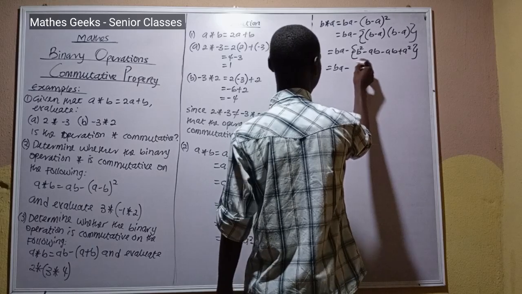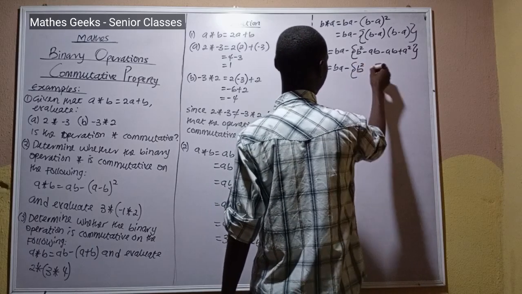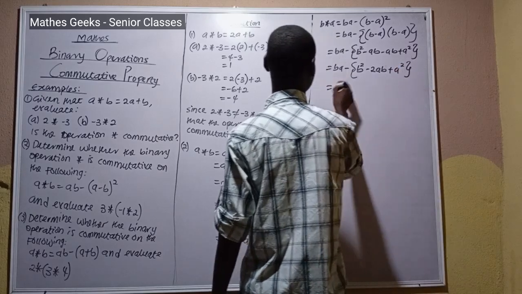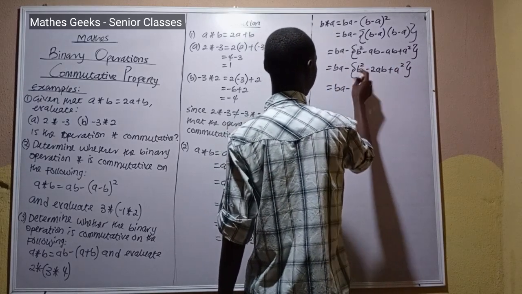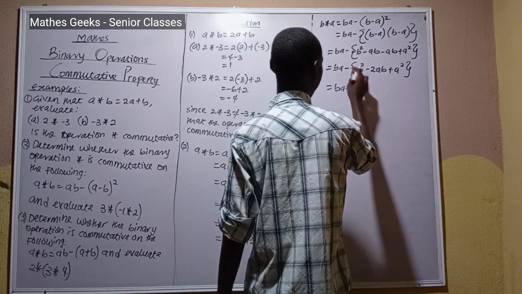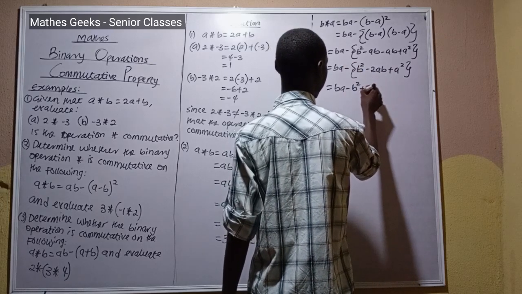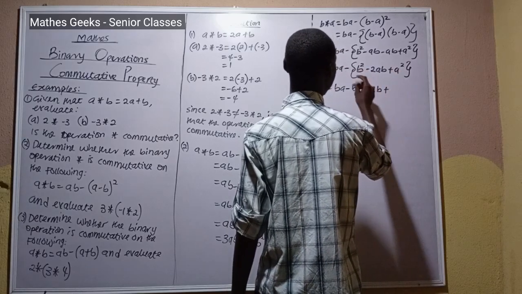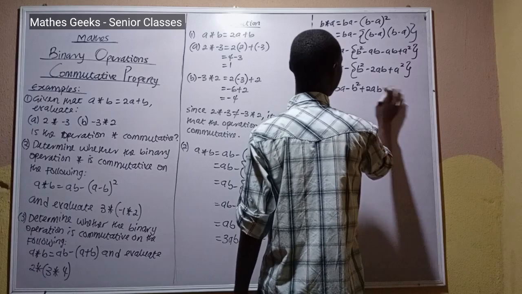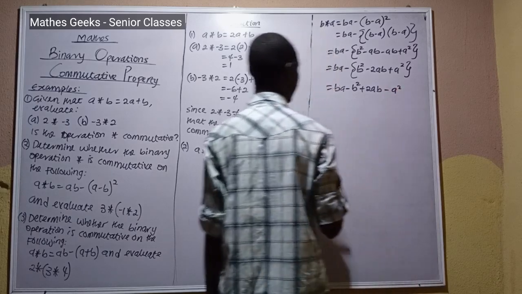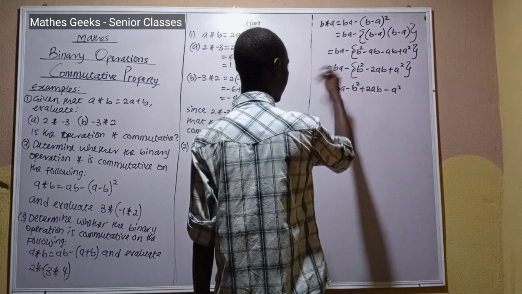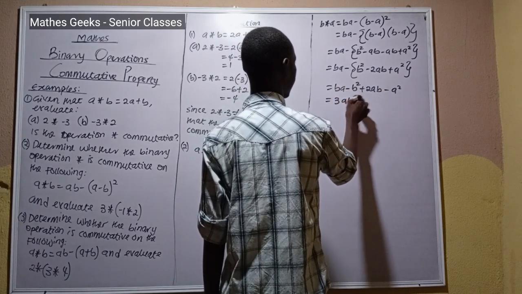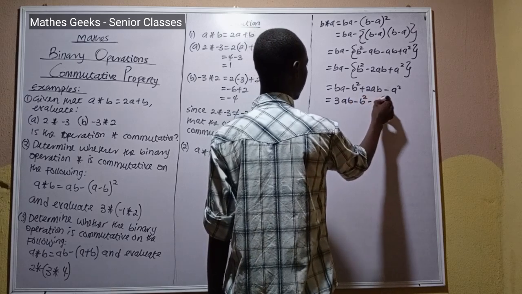So BA minus B squared minus 2AB plus A squared. Minus times minus B squared is plus B squared, minus times minus 2AB is plus 2AB, minus times plus A squared is minus A squared. So we know that BA is the same as AB. So BA plus 2AB equals 3AB minus B squared minus A squared.